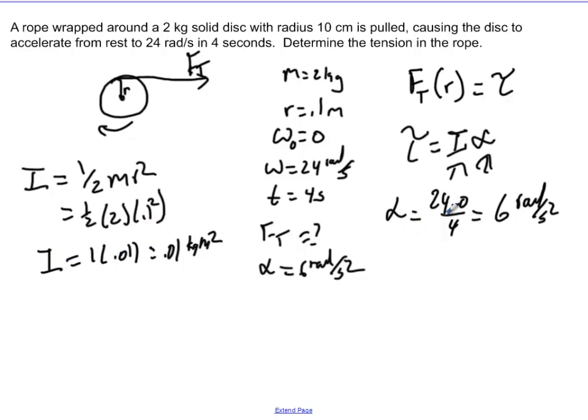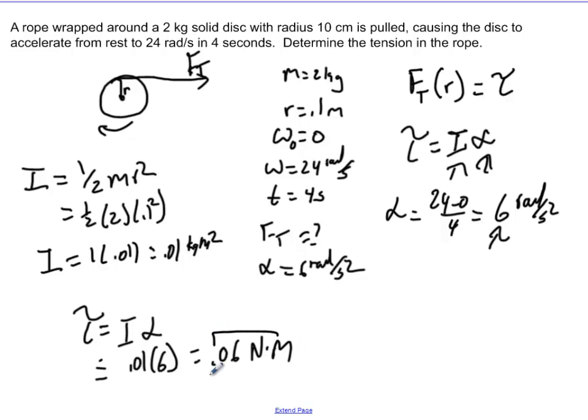So now all I have to do is plug that into my equation up here. So I have torque, tau equals I alpha. So this is equal to 0.01 times 6, and this is then 0.06 Newton meters.